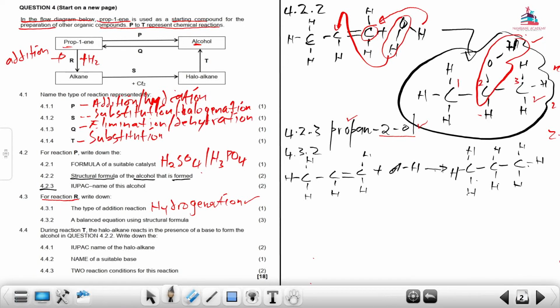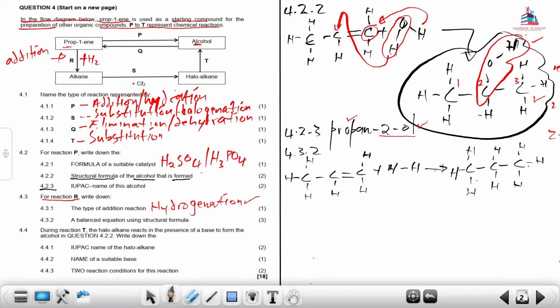I will definitely get my 3 marks for doing this, because I know that the only way of getting an alkane is by adding hydrogen gas to this prop-1-ene. So this becomes the product that we get, and we used the structural formula.